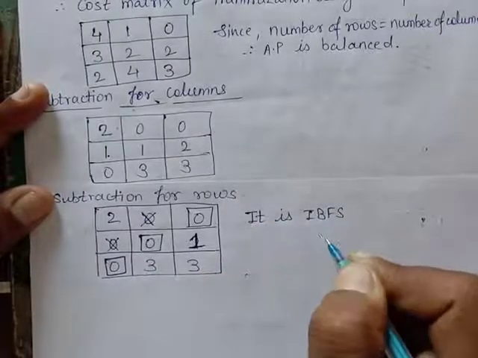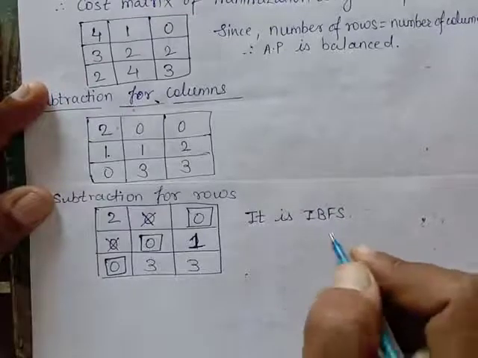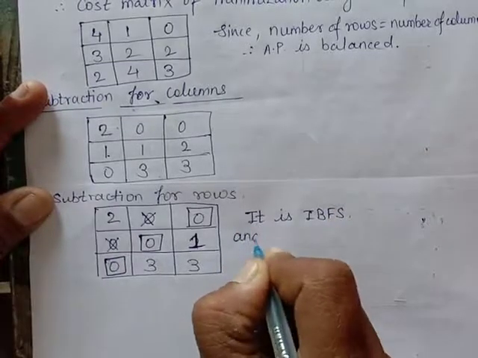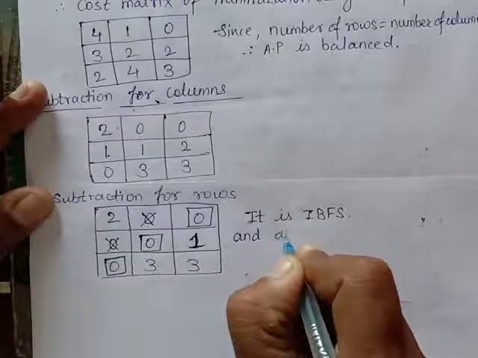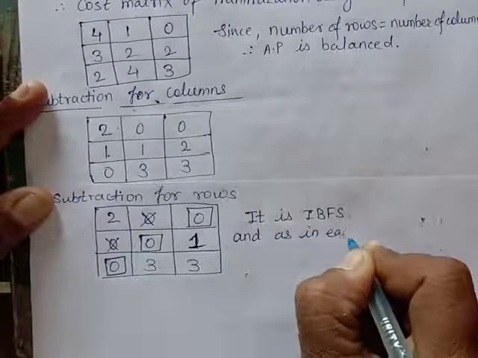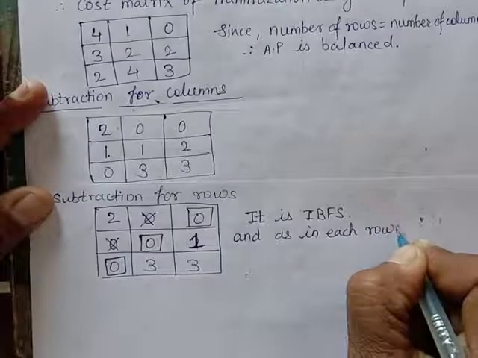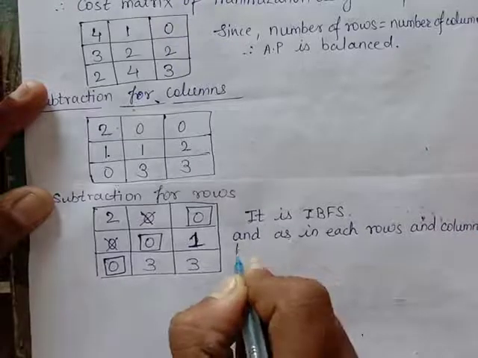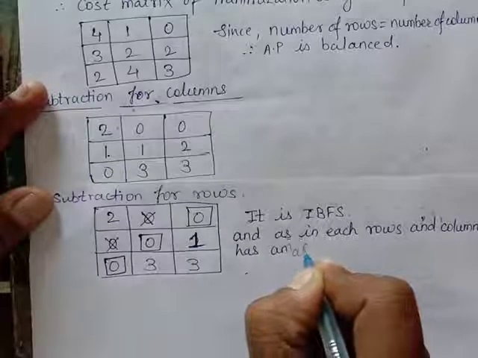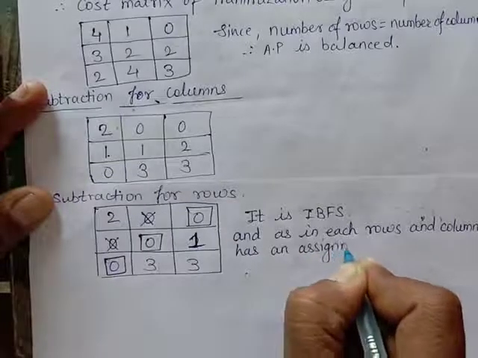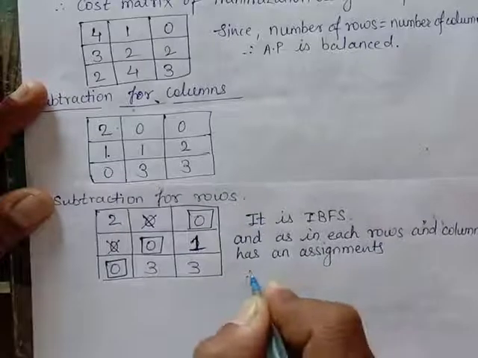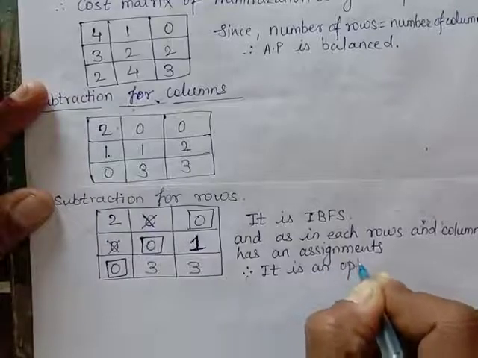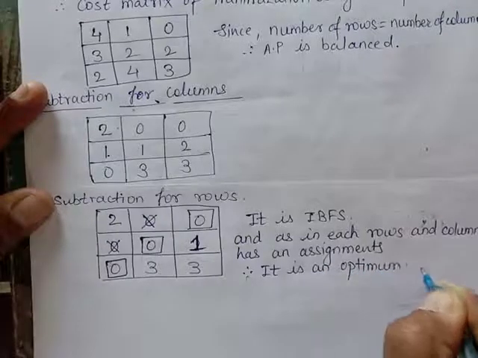When we get the initial basic feasible solution, if all the rows and columns have an assignment, then it is an optimum assignment.